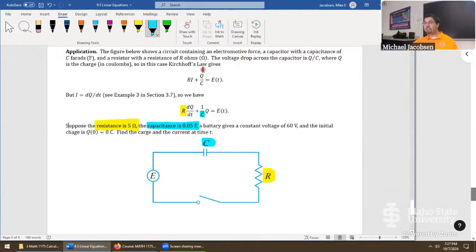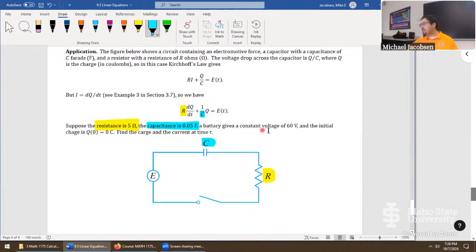And notice that Q over C got turned into the reciprocal of C times Q. That's because Q looks like it is the dependent variable. That's like the y. So you have a y prime here by the red dot, and an ordinary function y over here as well. It's starting to look like those differential equations. But let's see what else we have.